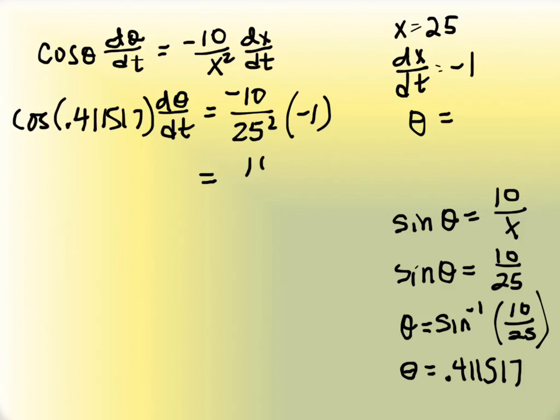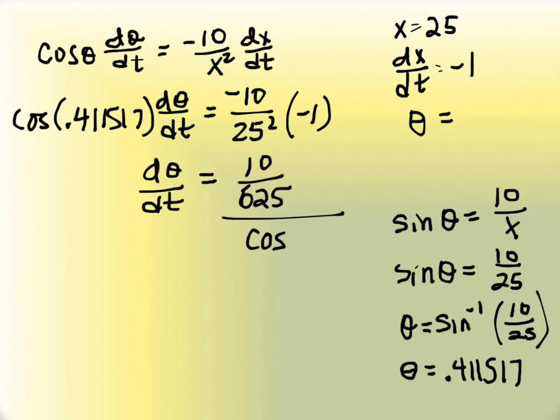So on the right, I have 10 over 625. And then, actually, I'm going to divide that after I find a decimal for it by the cosine of 0.411517.